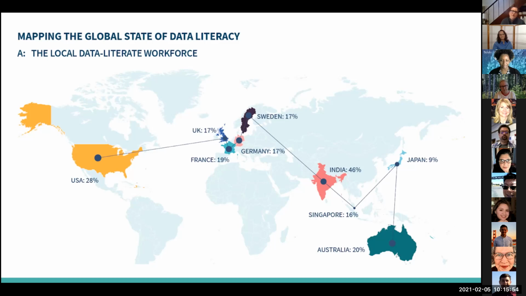A lot of the roots of data literacy grow out of things like math class, right? And we don't necessarily have as rigorous an approach as other countries, but we have 28% of our workforce who feels data literate, which is behind India, but ahead of Japan. So I thought that was fascinating. But still, that's not 100%, right? That's not even half. So that's a huge opportunity right there.